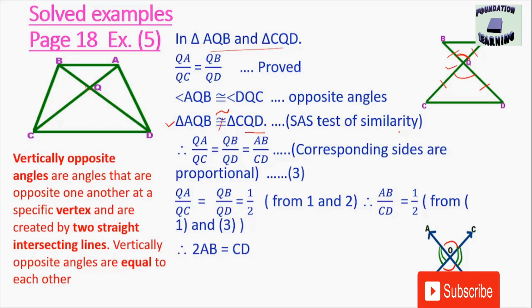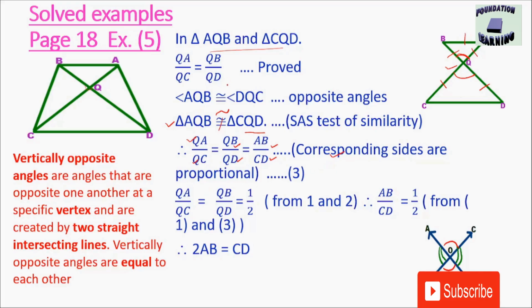Now, when the triangles are similar, automatically the remaining sides will be in proportion. So QA upon QC is equal to QB upon QD, which is equal to the corresponding remaining side AB upon CD. Corresponding sides are proportional. Now we found that QA upon QC is half.